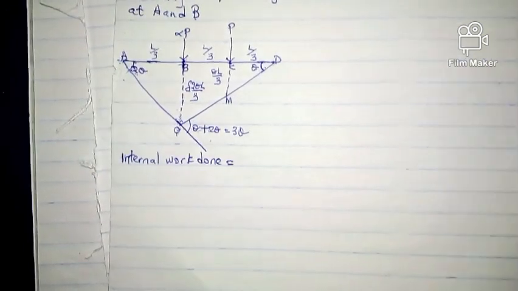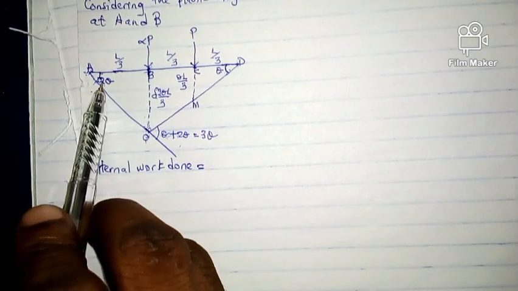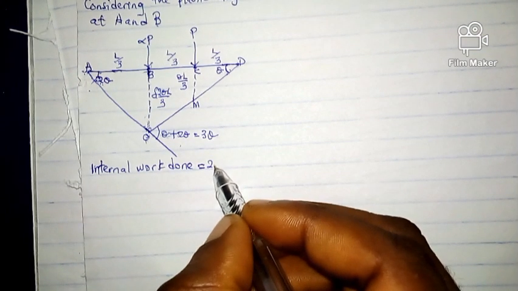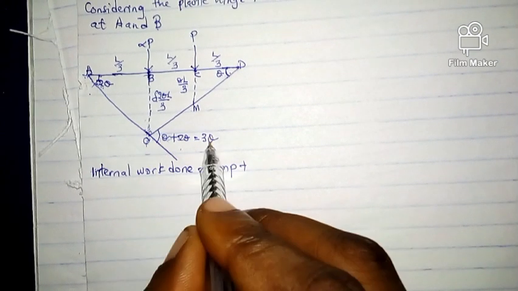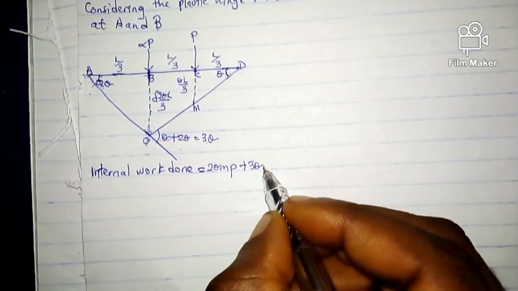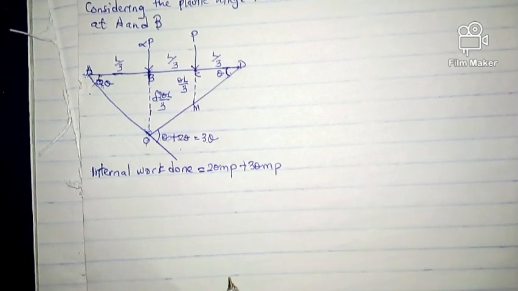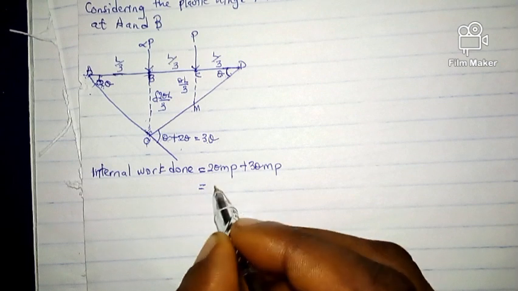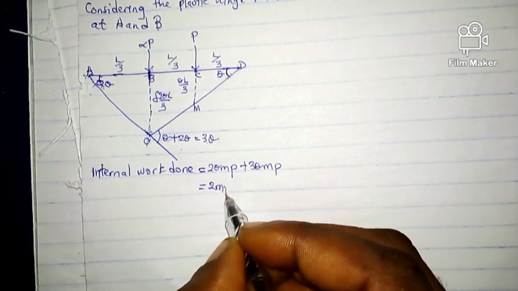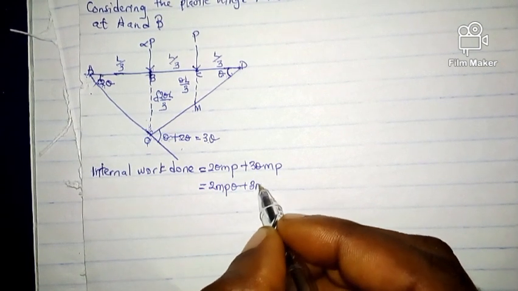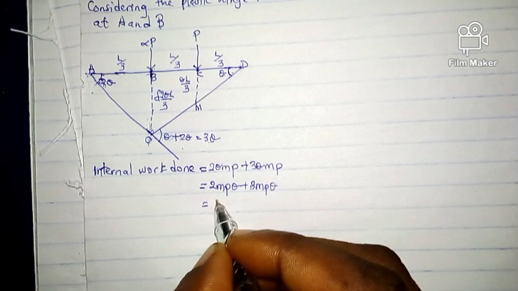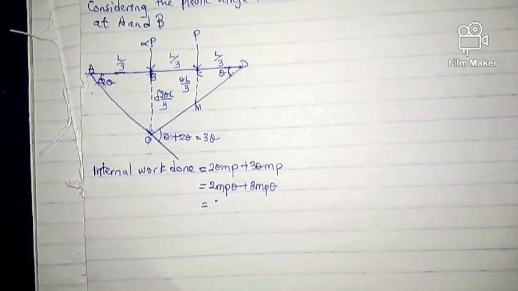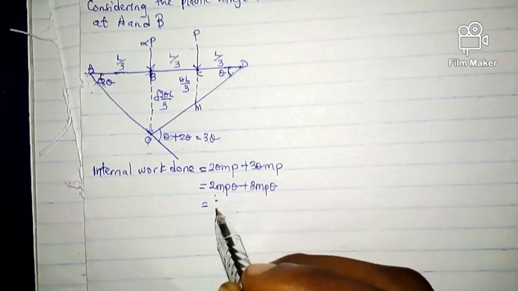Internal work done is going to be 2 theta MP plus 3 theta MP, which you can still write as 2 MP theta plus 3 MP theta, which will give me 5 MP theta. That is our internal work done.